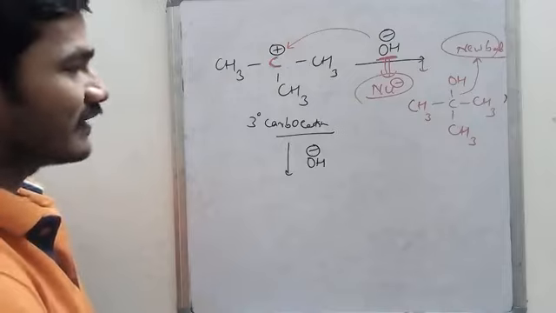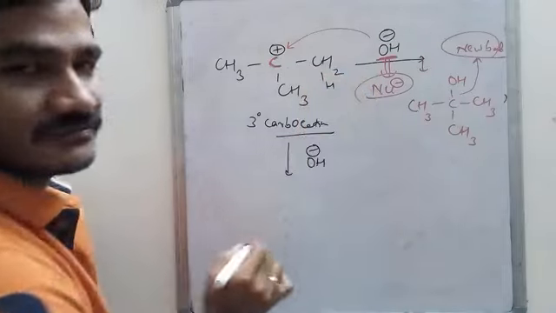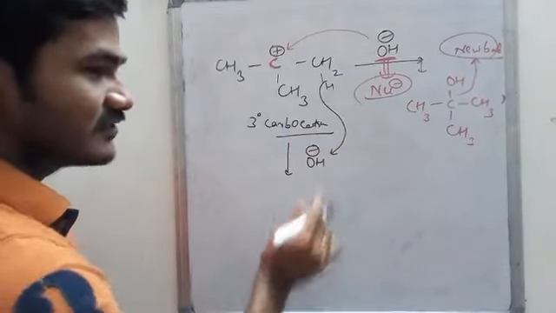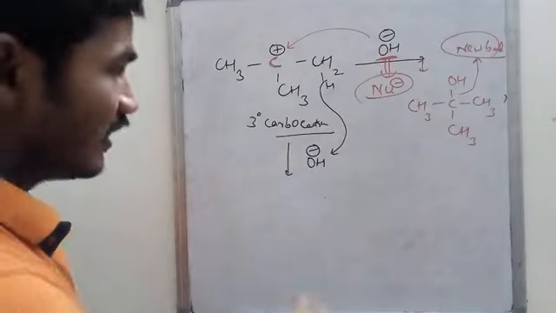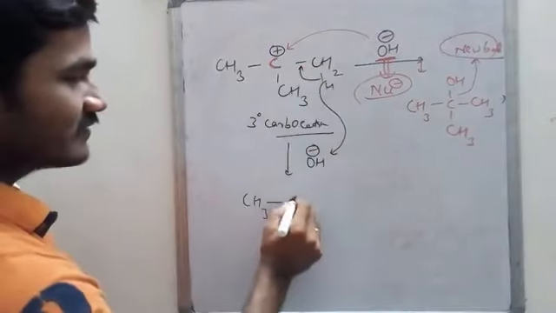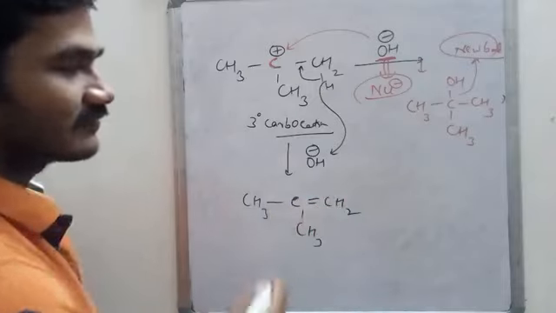Okay, now I take the same species, OH minus. If it takes one hydrogen from this species, the OH minus is just taking a proton. After taking the proton, these electrons are transferred to here. I am writing CH3, C double bond CH2, and CH3. This is the product.